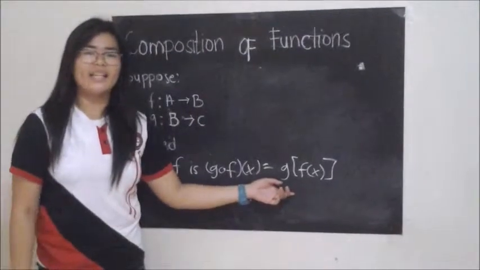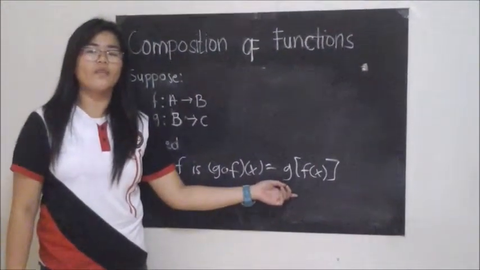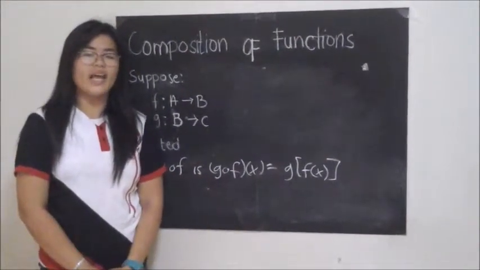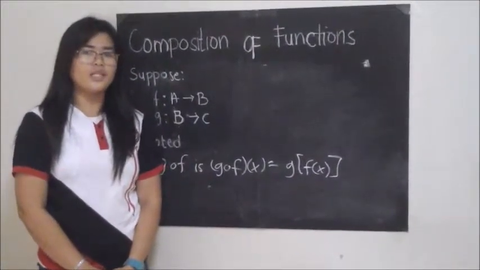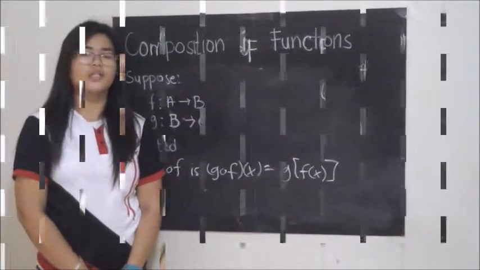This statement is read as g composed with f of x, or g of f of x, where x is an element in the domain of f. In other words, composition of functions is applying one function to the results of another.